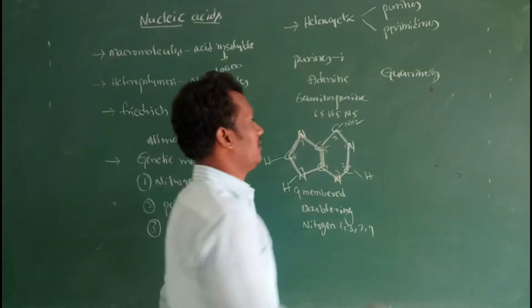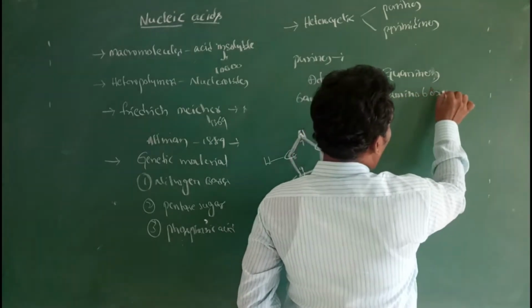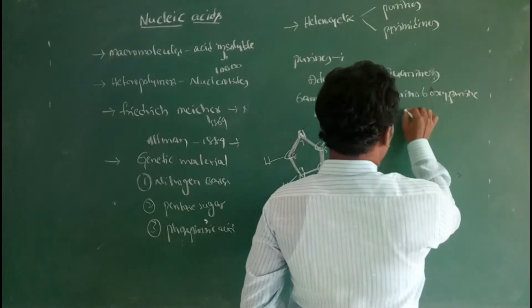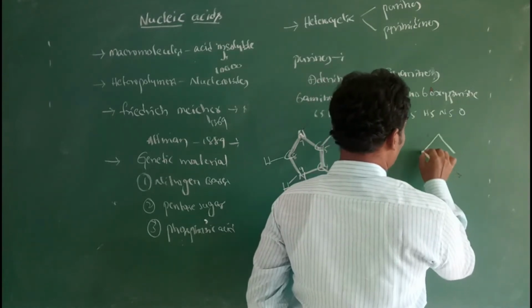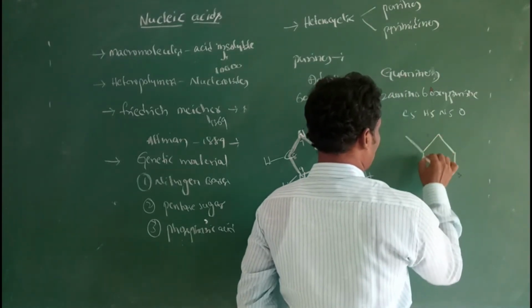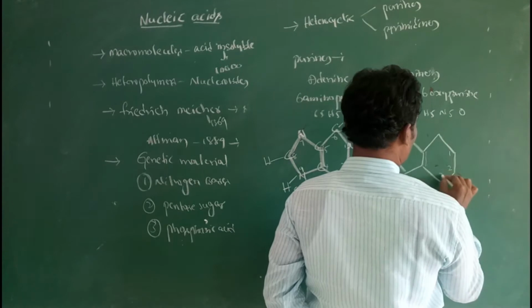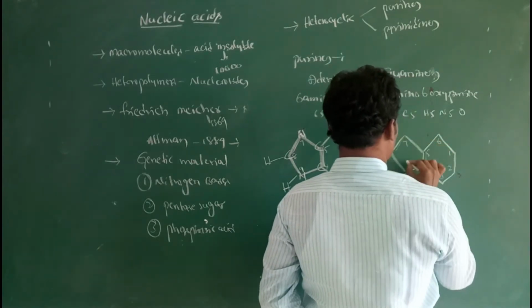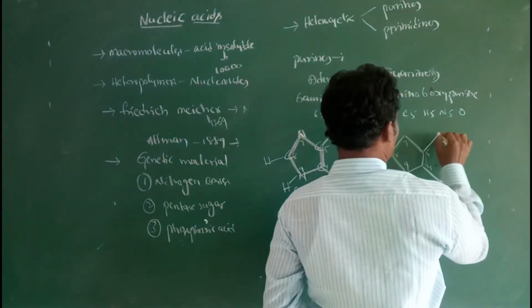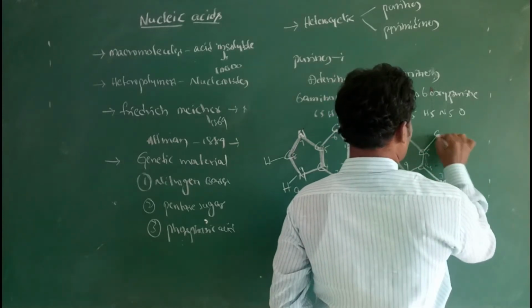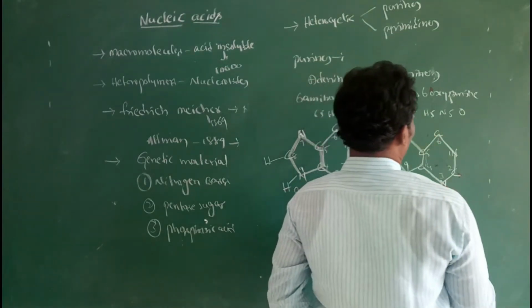Next, guanine. Guanine is also called 2-amino-6-oxypurine.